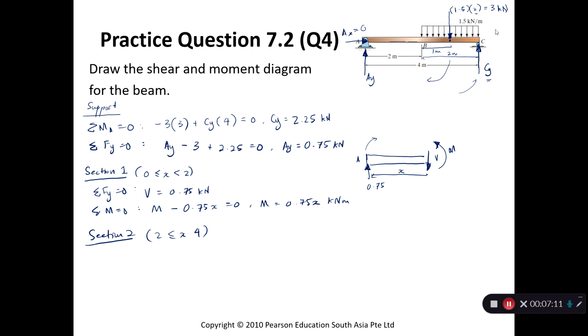Alright, so you can't use 3 kilonewtons because 3 kilonewtons is actually the load all the way from B to C, where in this case it's not from B to C. Okay, it's a range of values of x. Alright, so we have AY. This is point A and this is point B. Okay, this is point B, this is where the load starts. So I'm still going to draw the distributed load.